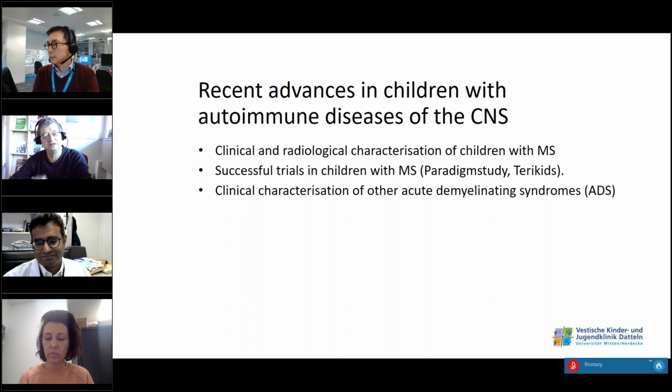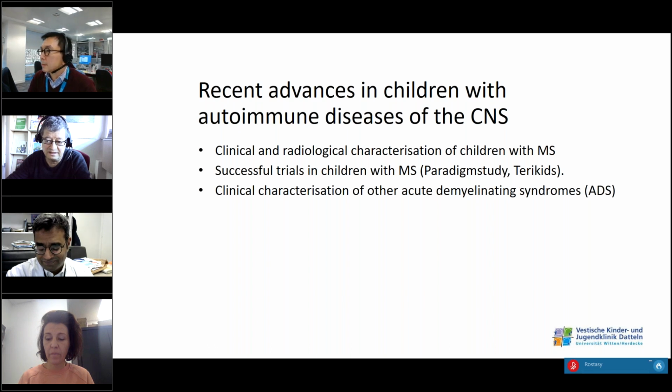As you know, in recent years there have been significant advances in the different fields of neuroimmunology. I like to point out that the clinical and radiological characterization of children with MS, part of many international collaborations, has led to the precise diagnosis of MS in the majority of children.